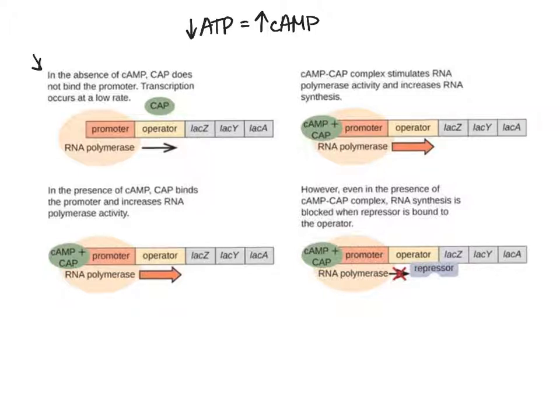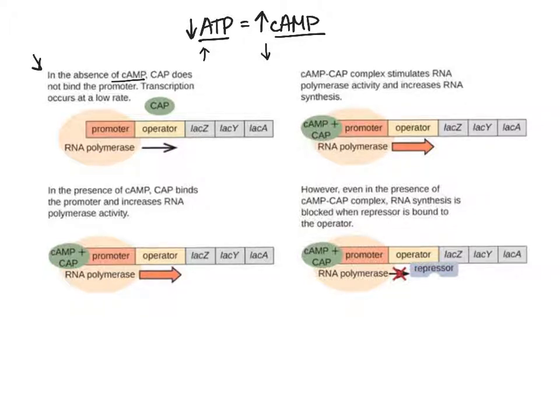That phosphorylation activates adenylyl cyclase, and then adenylyl cyclase is going to take the ATP and convert it to cAMP, right? So if we have an absence of cAMP, that means our cAMP is low, which means our ATP is high.